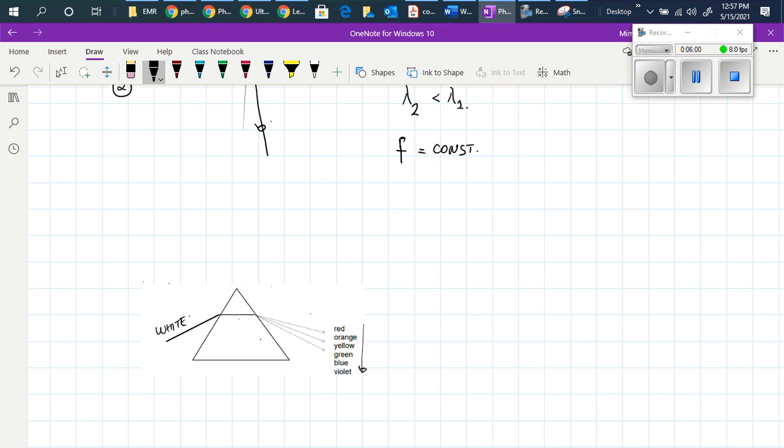If you have a yellow filter, remember what yellow is made of: it's green and red. So that means that green and red will be allowed while blue will be absorbed. If you have a cyan filter, remember cyan is blue and green, so blue and green will be allowed and the red will be absorbed.